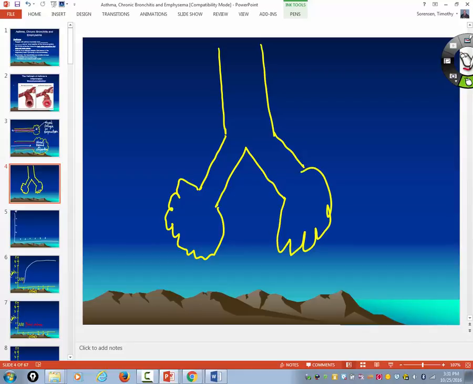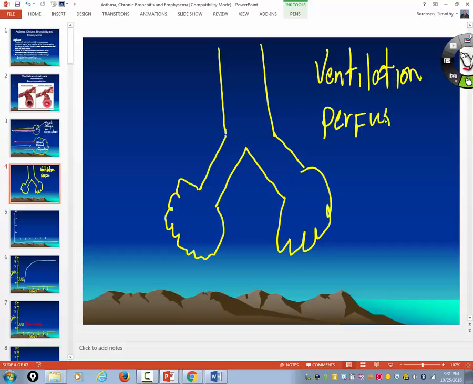Now, in normal physiology, in normal people without lung pathology, there is a 1-to-1 ratio between ventilation, moving air in and out of the lungs, and perfusion, or blood flow to the lungs.